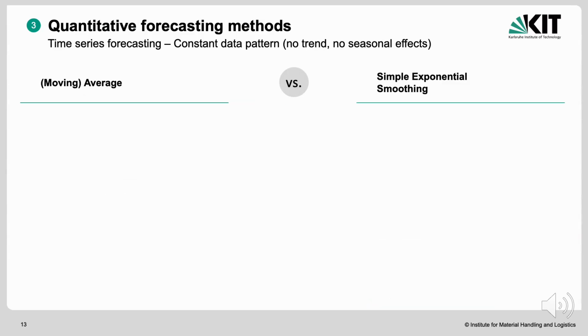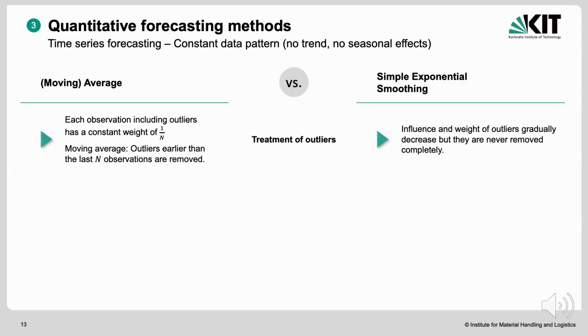If we compare moving average with simple exponential smoothing, we see the following. If we look at the treatment of outliers, all the outliers in the moving average method which are outside of the n observations are removed.